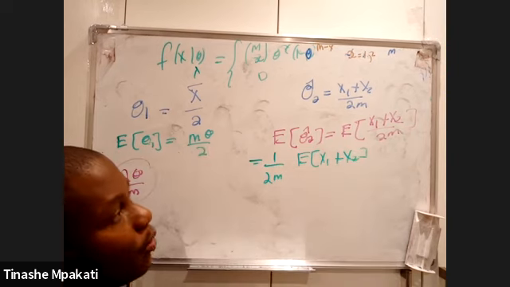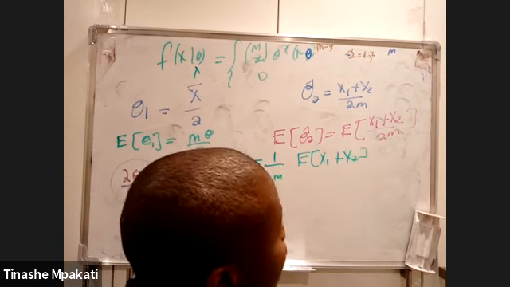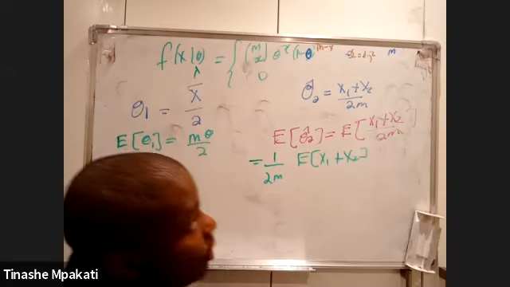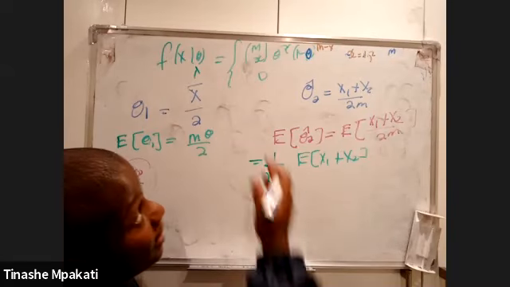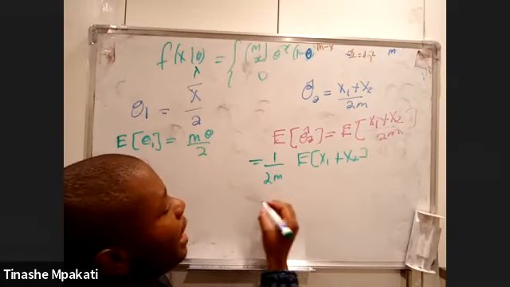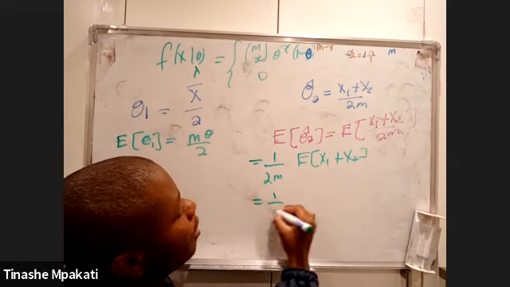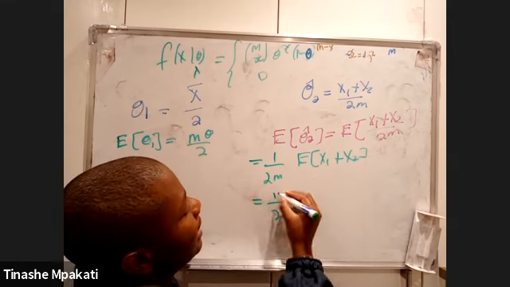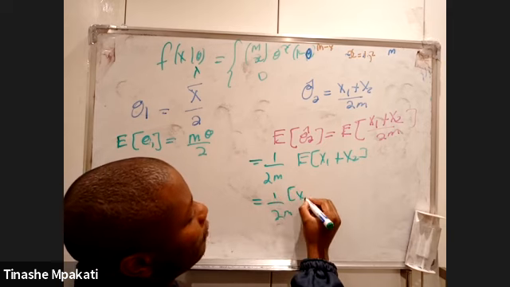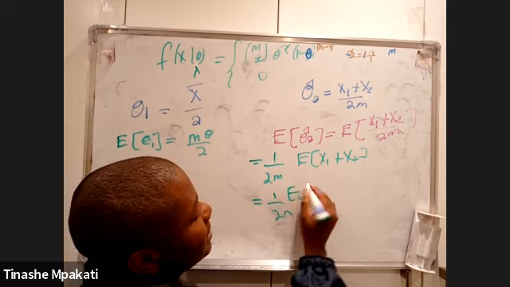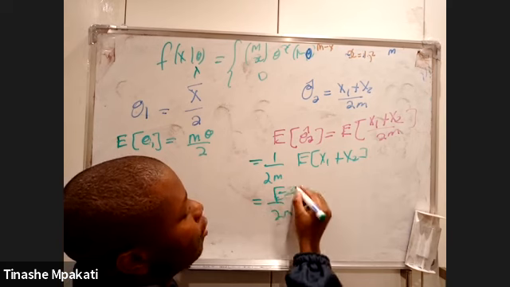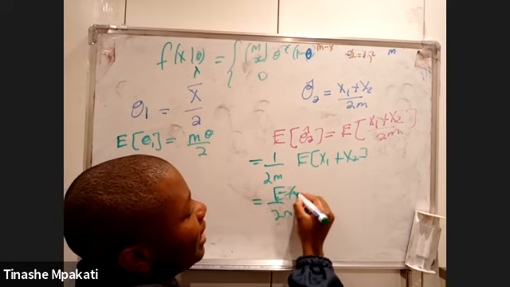We know that x1 and x2 are both coming from a binomial distribution with the parameters given from the density there. So I can separate this into the expectation of x1 plus the expectation of x2, all divided by 2m.